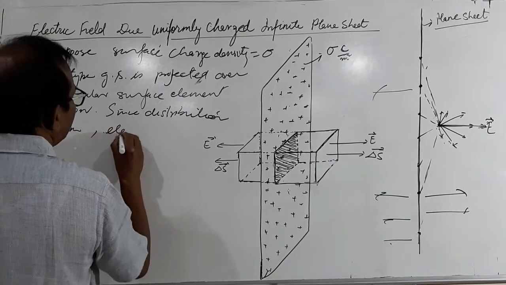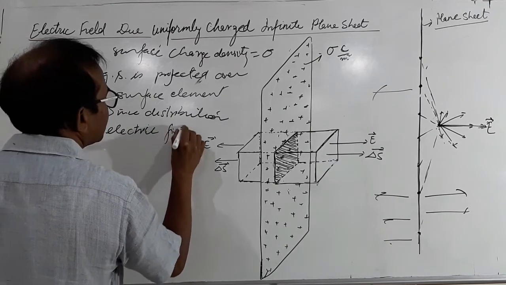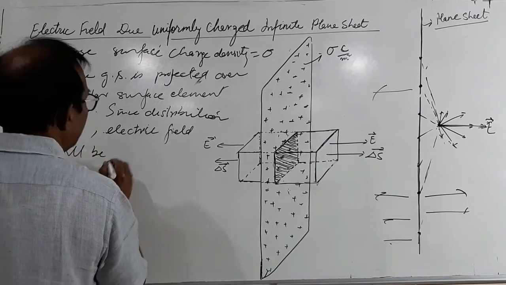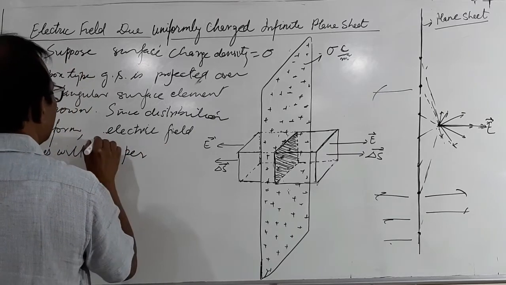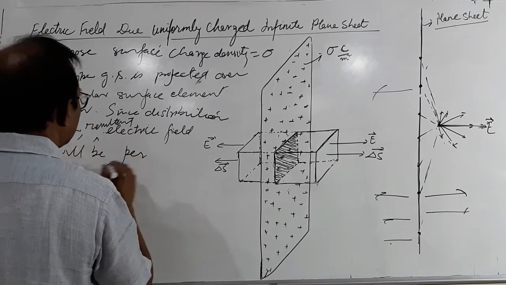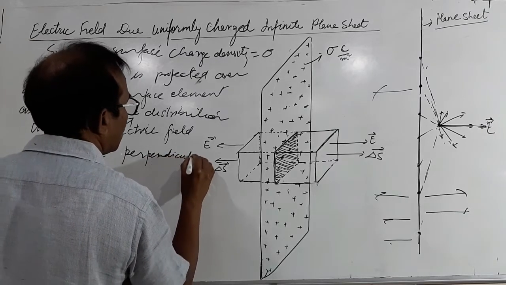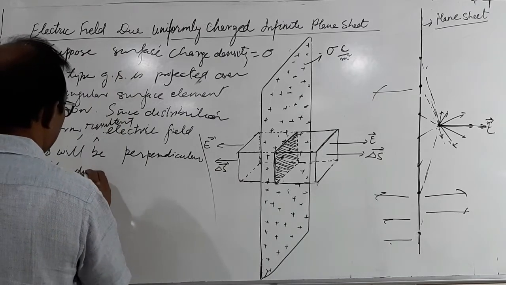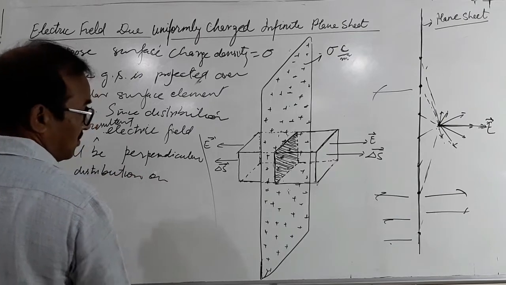The resultant electric field lines will be perpendicular to the distribution on both sides.